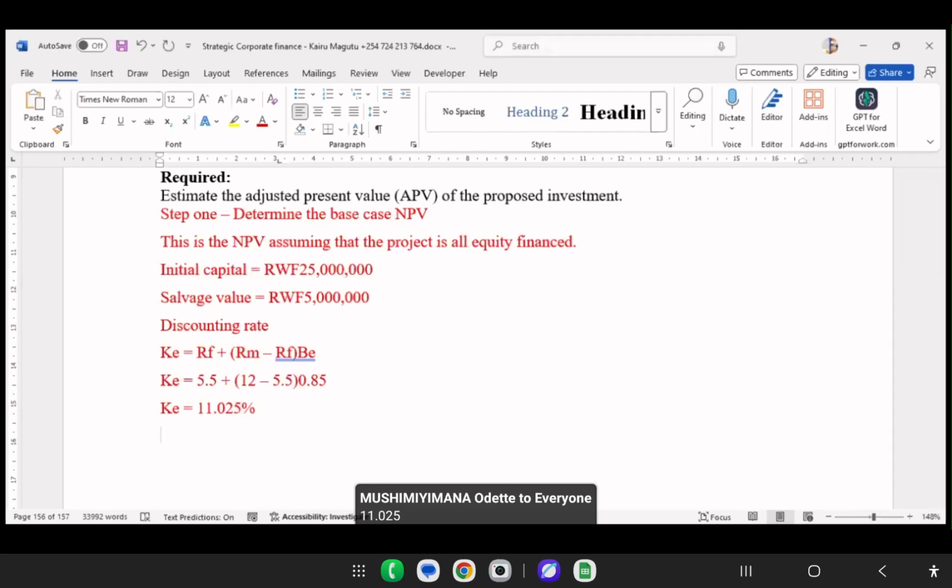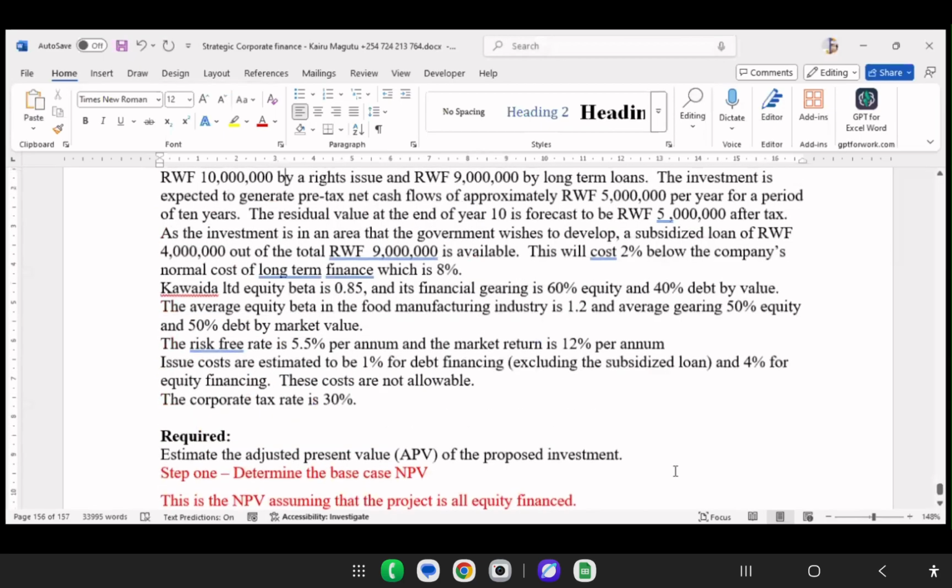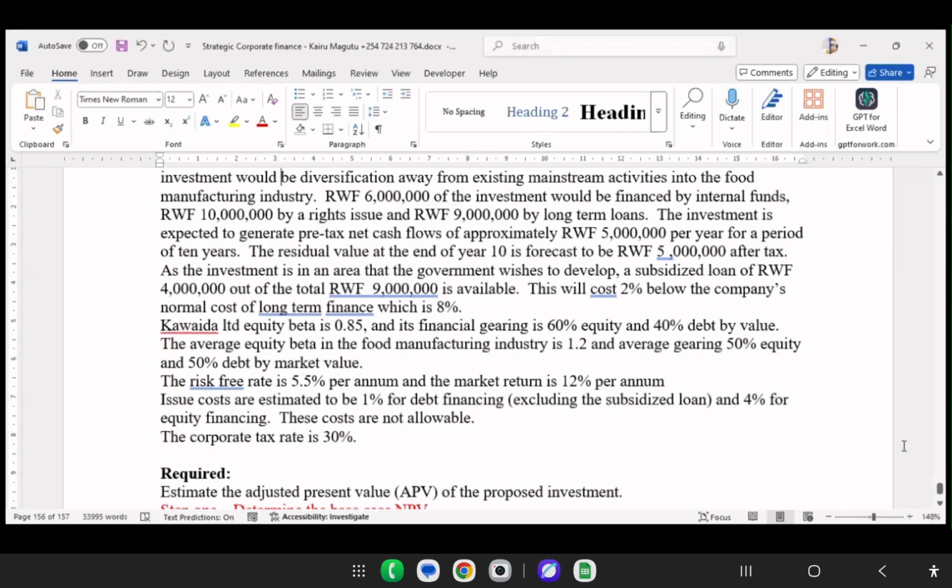Now, if that is the case, we determine the annual cash flows. What are we told about the annual cash flows? Somewhere, if you look at this part of the question, we are told that the investment is expected to generate a before-tax net cash flow of approximately 5 million per year for a period of 10 years.